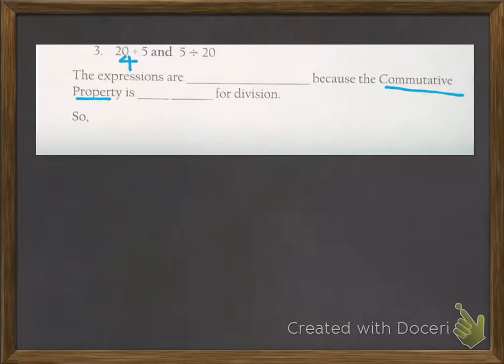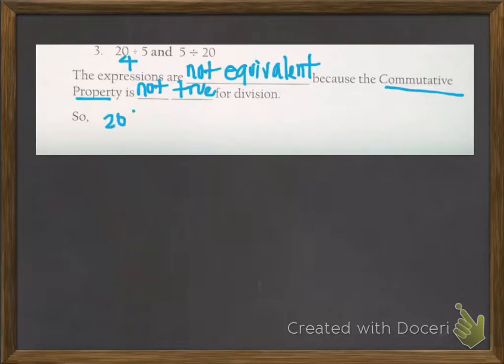So the expressions are not equivalent because the commutative property is not true for division. Our rule states the order in which 2 numbers are added or multiplied. So 20 divided by 5 is not equal to 5 divided by 20. It does not work for division.